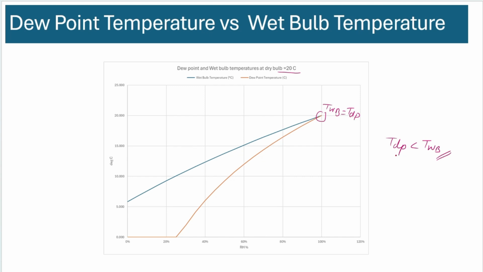Just remember that dew point is almost always lower than the wet bulb temperature per our calculation, and the wet bulb temperature equals the dry bulb temperature equals the dew point only at 100% humidity.